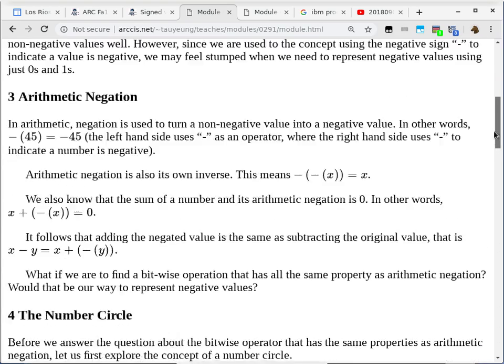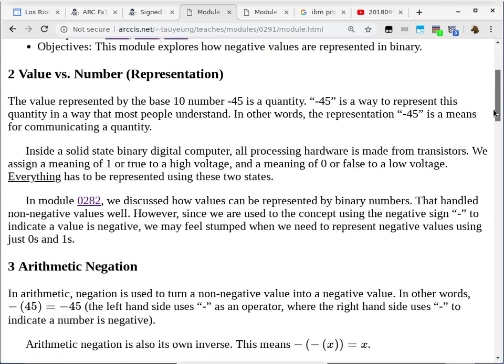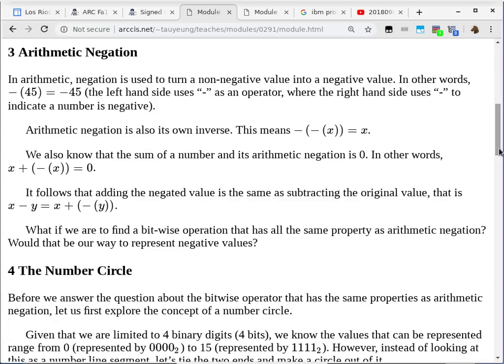All right, so section 2 is kind of what we just talked about. Everything needs to be represented in zeros and ones. A transistor cannot represent a negative symbol. So section 3 is basically where we want to start. We are talking about arithmetic negation first.